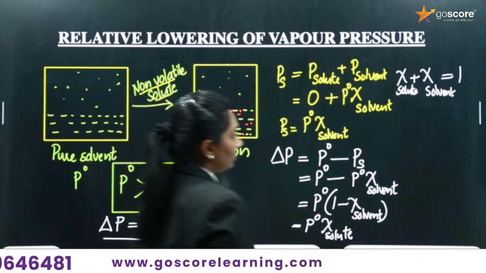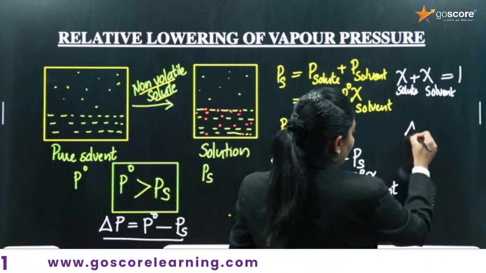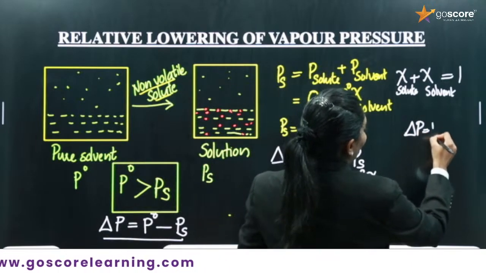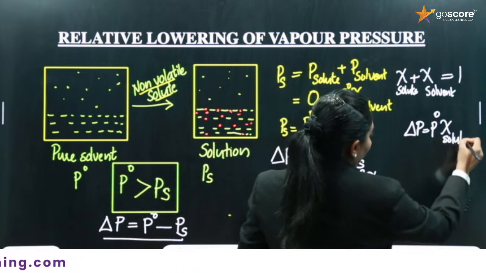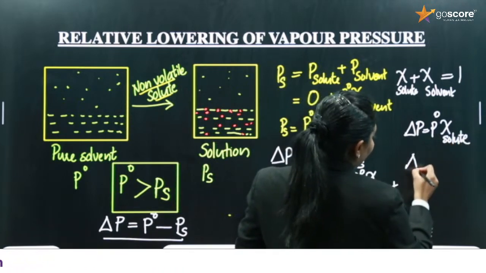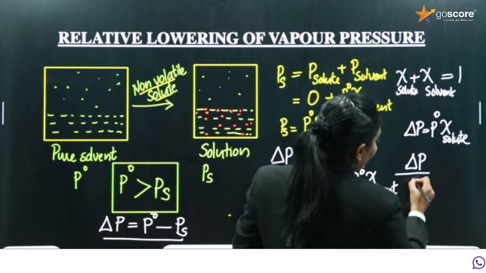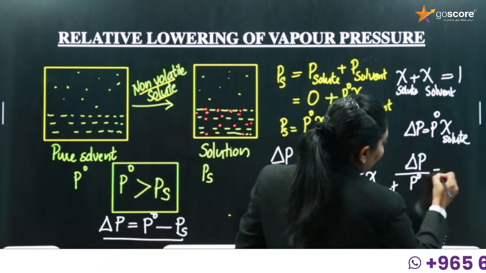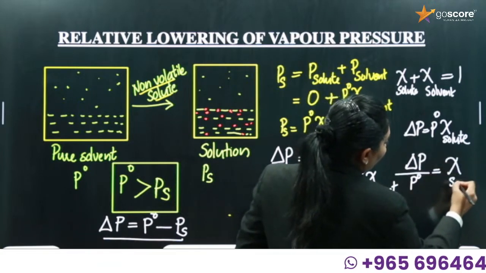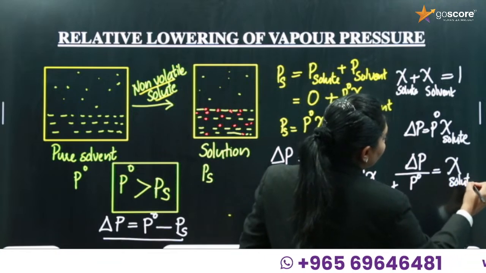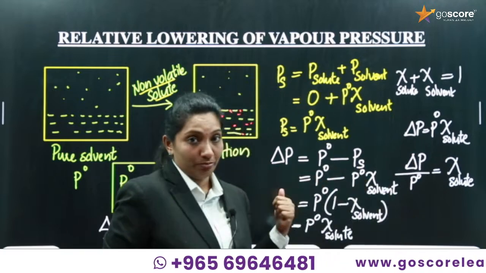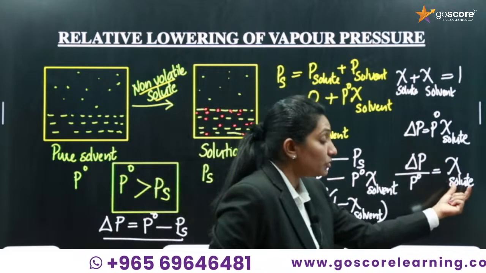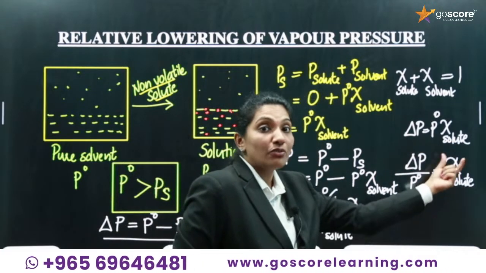Delta P equals P naught into mole fraction of solute, that is delta P by P naught equals chi of solute. This means the relative lowering of vapor pressure is equal to the mole fraction of solute.